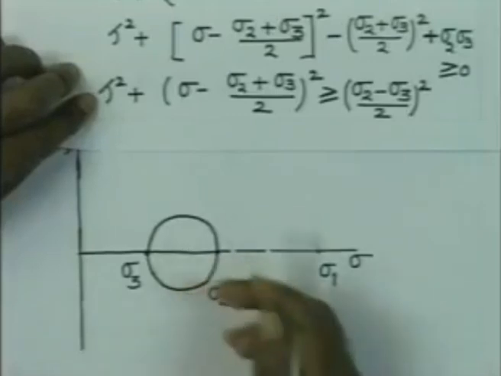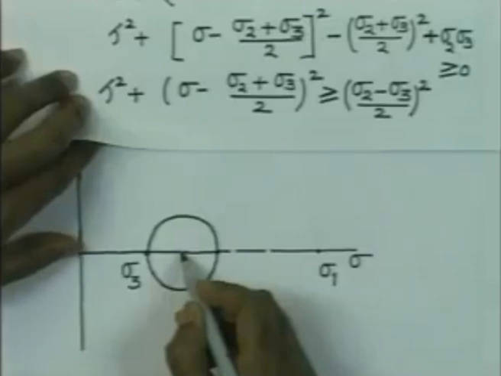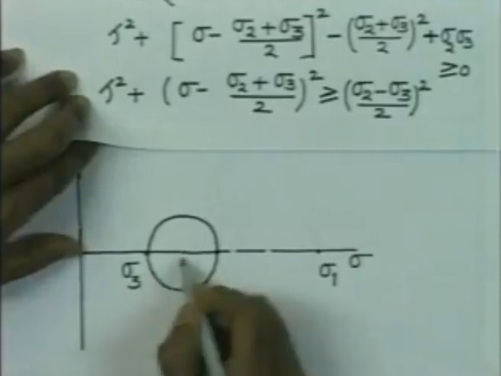This circle has its center at (sigma 2 plus sigma 3)/2 from the origin, and its radius is (sigma 2 minus sigma 3)/2.